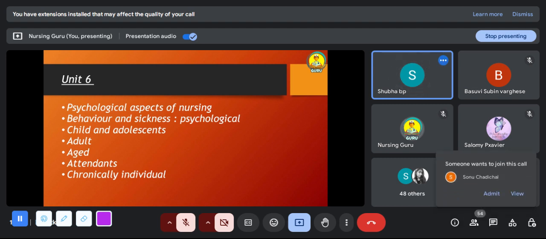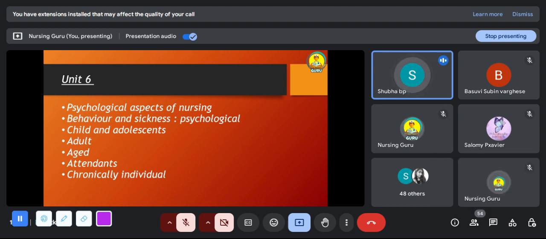So in this chapter you are going to study what behavior is present in adults, what abnormal behavior is present in adults, and what psychological problems like suicide, accident, murder, criminal cases are present during the adulthood stage. So these things you are going to study in unit 6.